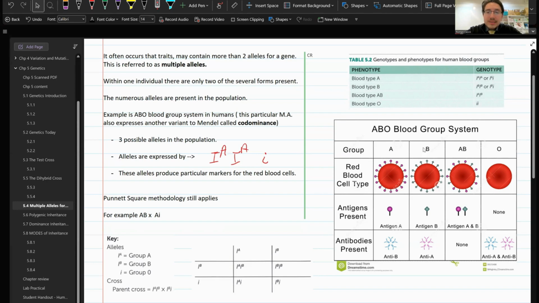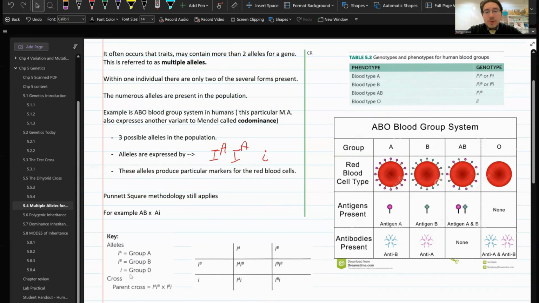A person with B blood type would have this particular antigen. A person that is AB can express both antigens, and this is essentially the idea of codominance, where you co-express these two particular proteins. And a person that is O blood type has no antigens, which is expressed by that lowercase i that you can see here.